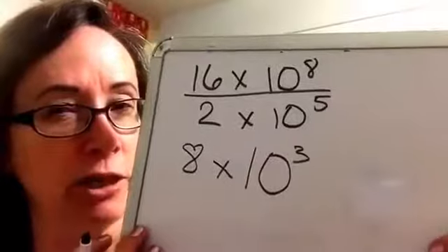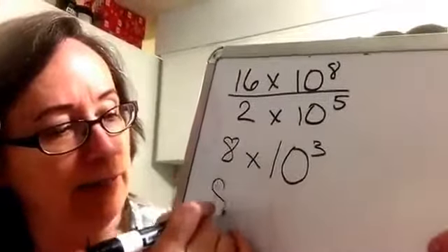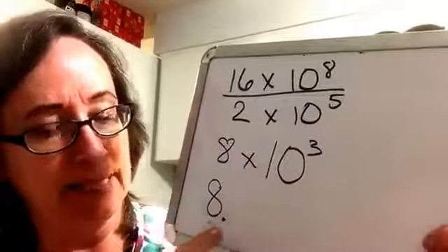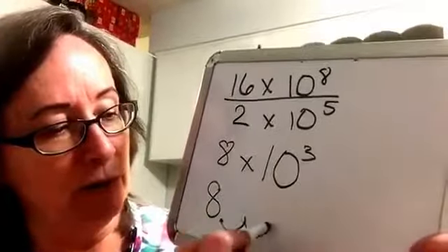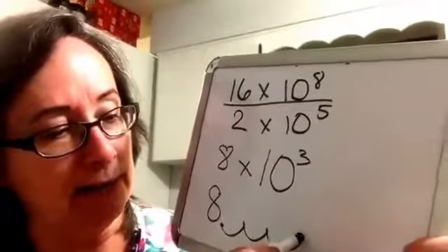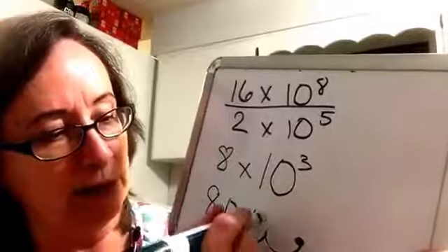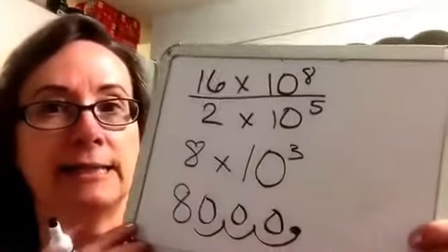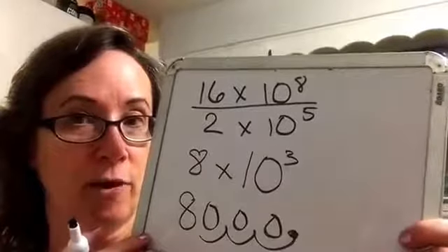It needs no adjustment. To turn it into standard form, we need to remember that my decimal is here. And I'm going to move it 1, 2, 3 places to the right. So it's going to change from there over here with 1, 2, 3 zeros. So 8,000 is the standard form correctly written.